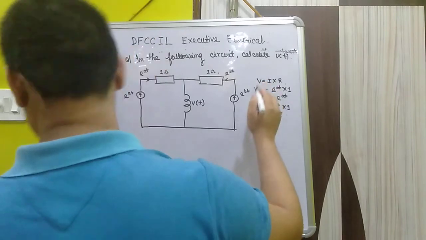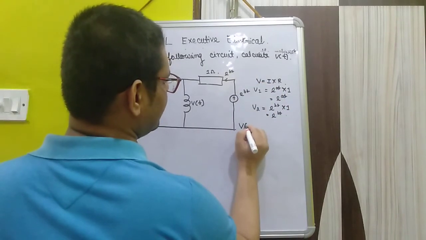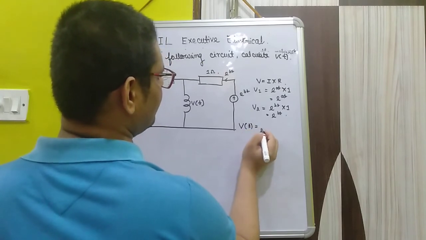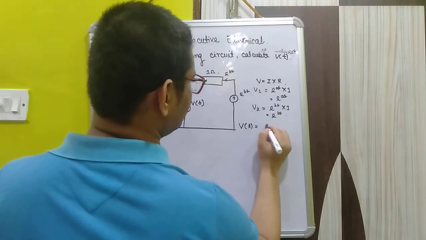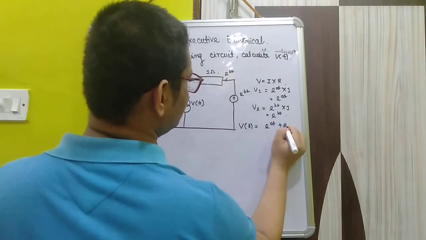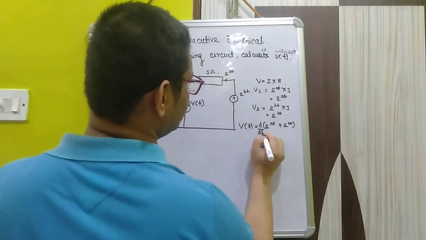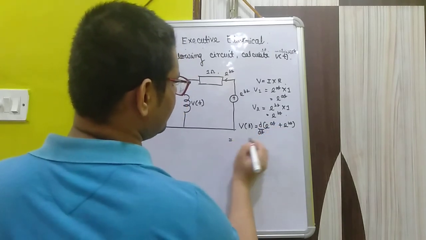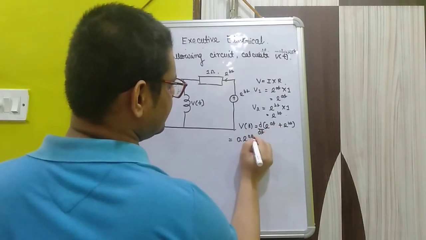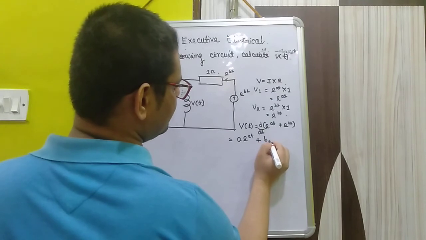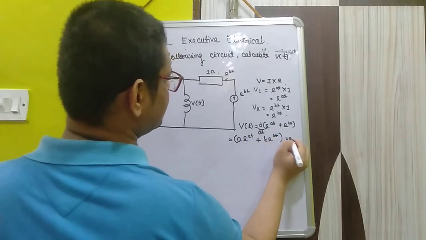Now to calculate V(t) overall, we add these two, e to the power at plus e to the power bt, and differentiate with respect to time, d by dt. If we differentiate, a will come over here, and plus b e to the power bt. This will be the final answer.